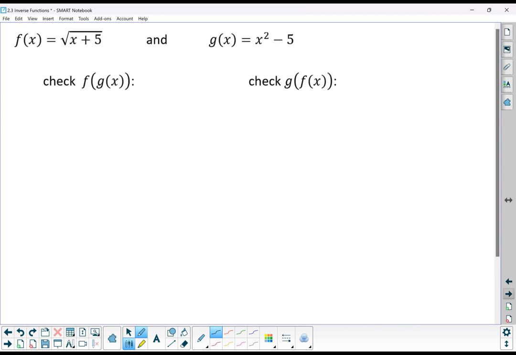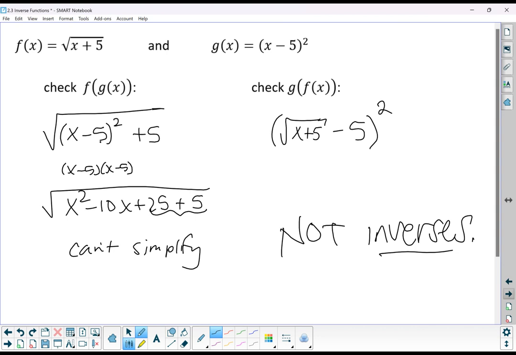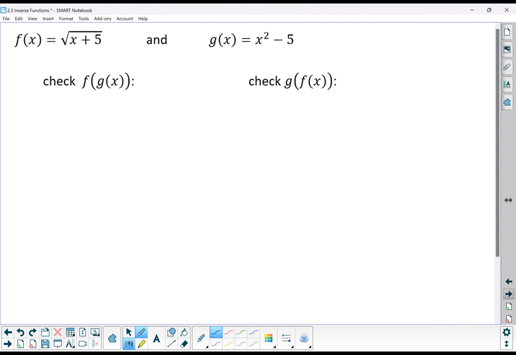Well, what if I had that same f function, f is equal to the square root of x plus 5, and my g function changed to be x squared minus 5? Let's try composing those. So we have function f, and the thing we're going to input into function f is function g. And now you can see that because function g changed, we can cancel out that 5.